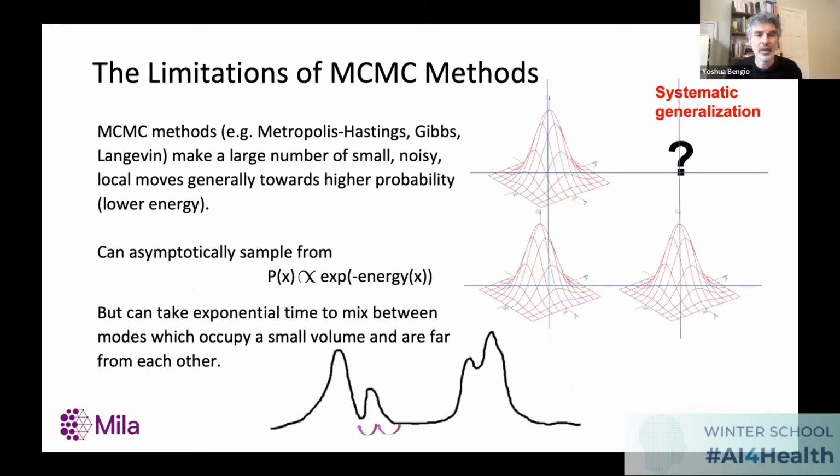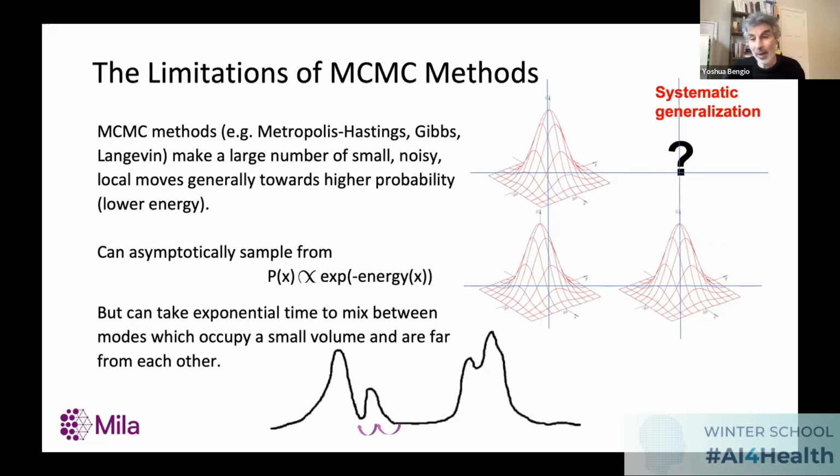With MCMC methods, the problem is that in order to go from one mode to another mode that we haven't visited yet, we have to guess the right direction to take. Then we have to traverse a kind of desert of low probability, where the chances of continuing on that path are exponentially small. The probability of a path is the product of the probabilities of all the steps.